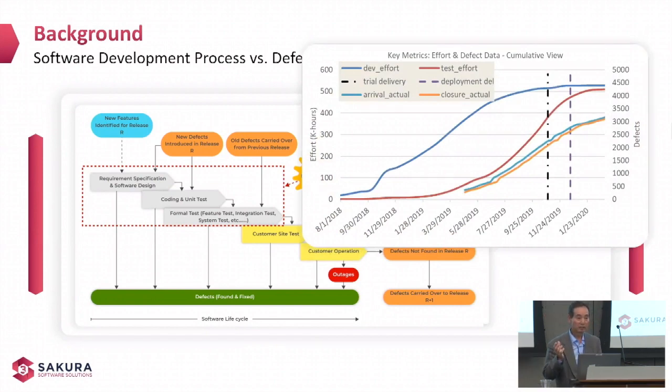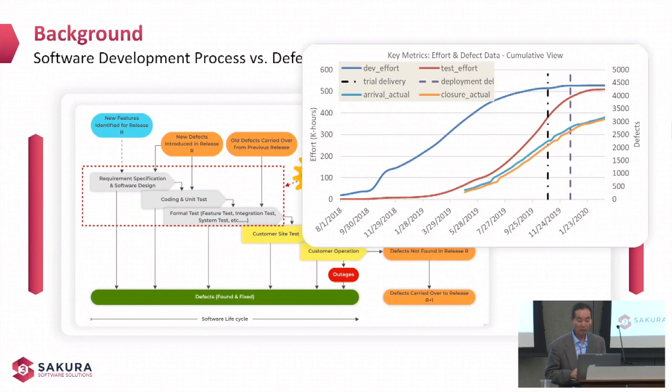Defects are injected throughout the entire development process, and they are found and removed throughout the cycle. So first, obviously, we need a defect count, which is the light blue line curve.